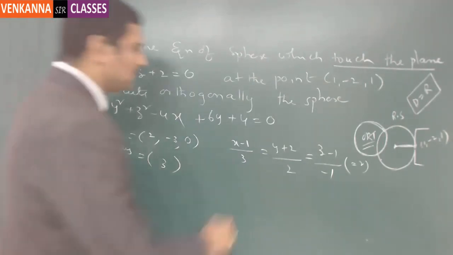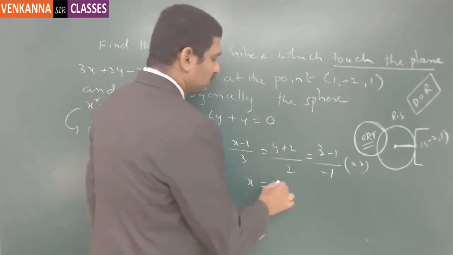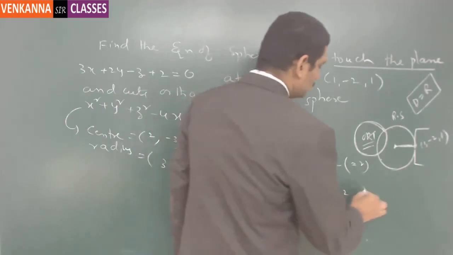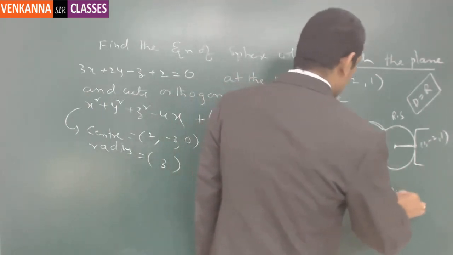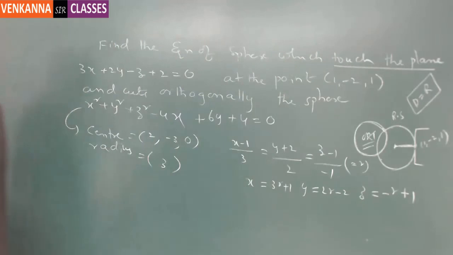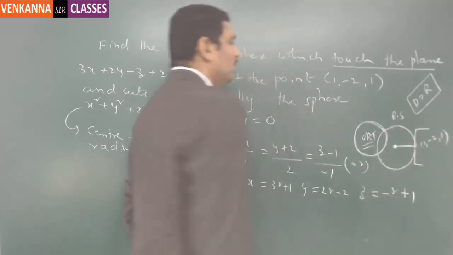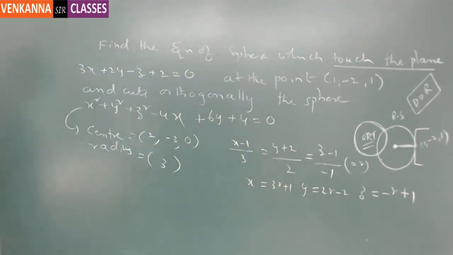So by writing it, you have x = 3r plus 1, y = 2r minus 2, and z = minus r plus 1. So every coordinate on that line segment will be of the form for a particular r. If you take that this is the center, center also will be of the same form. Okay?